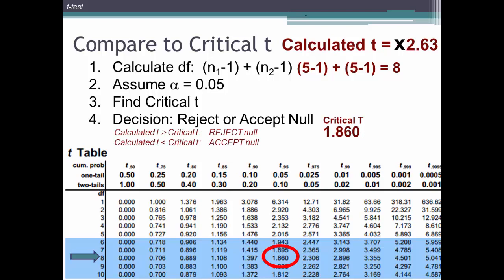Otherwise, you'll accept it. In our case, the calculated t of 2.63 is greater than or equal to the critical t, and therefore you would reject the null. What we're saying here then is that we are 95% confident, remember our alpha level of 0.05, that our hypothesis that unemployed individuals watch more hours of television than employed individuals is supported by our data.